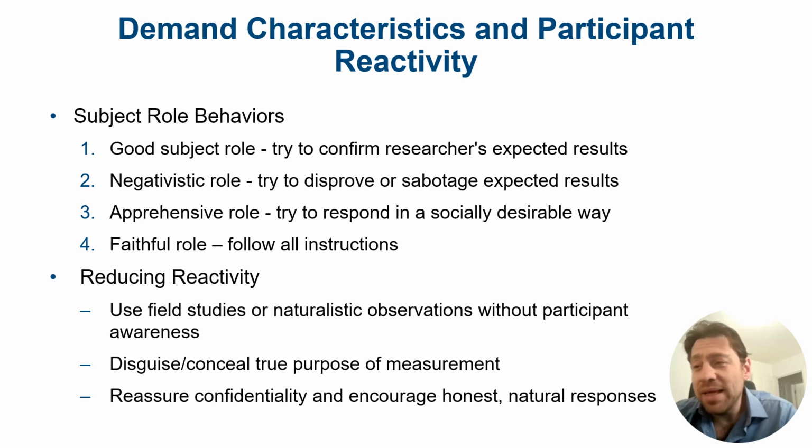For example, these observations can only happen in public areas where there's no expectation of privacy. You can't set up hidden cameras in people's houses without them knowing, obviously. And secondly, observation does not allow you to manipulate any variables as you might in a laboratory setting. And later in the course, we'll talk about the importance of manipulating variables in a scientific experiment.